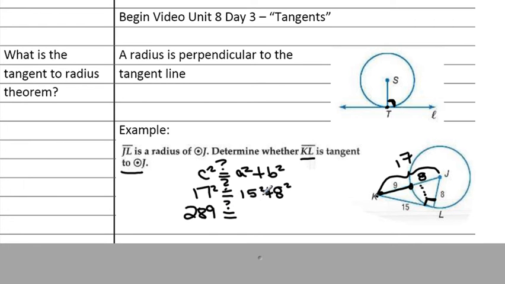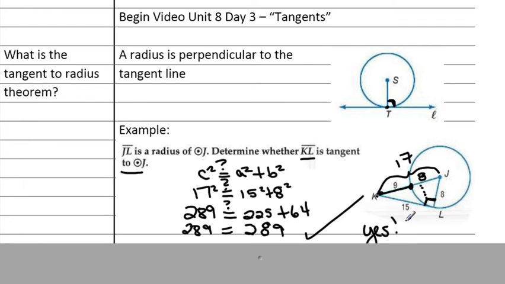Now, does that equal 15 squared, which is 225, plus 64? Well, let's add it up. 289 does in fact equal 225 plus 64. It equals 289. So yes, JL is perpendicular to KL because it fit into Pythagorean's theorem.